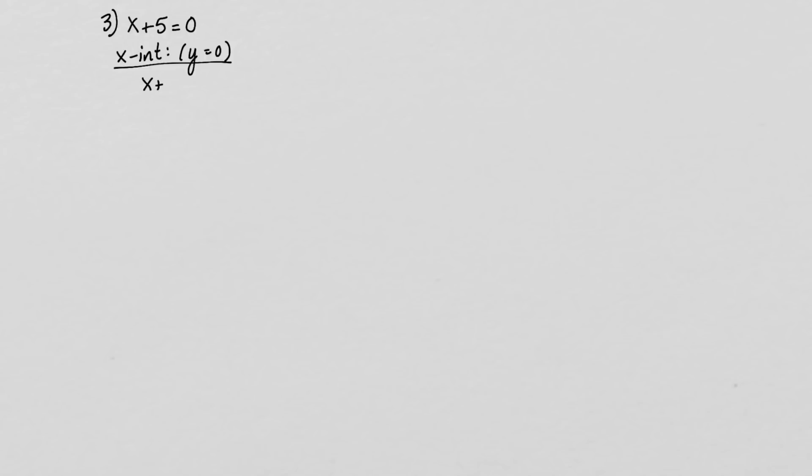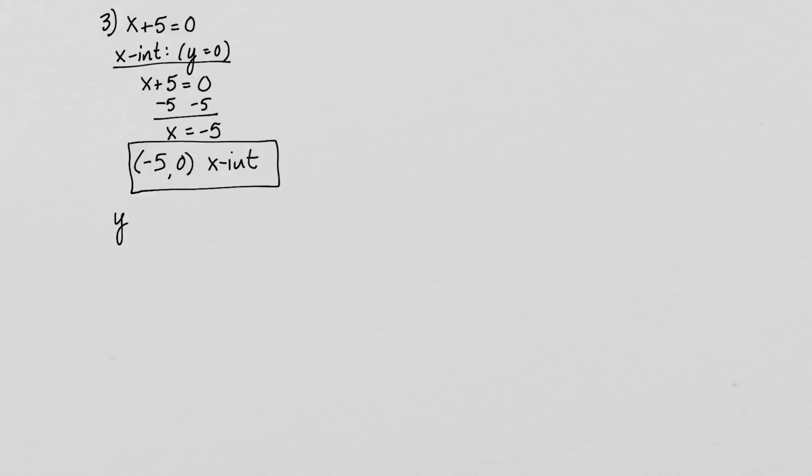So x plus 5 equals 0. Subtract 5 from both sides. So x is going to be equal to negative 5. I keep saying the wrong one. So the x-intercept is negative 5, 0.